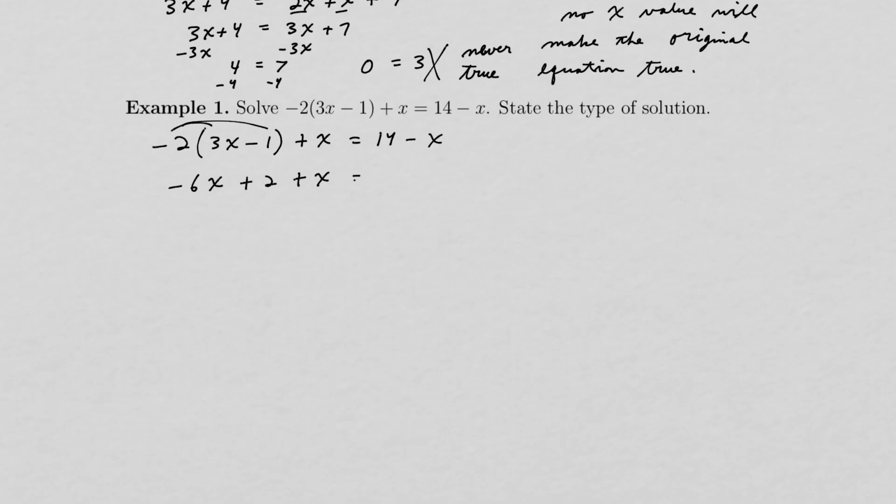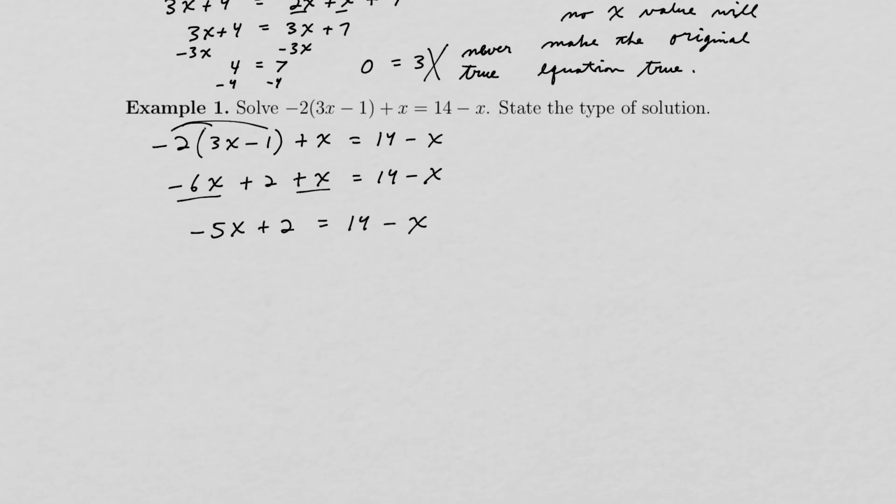I still have a plus x there, equals 14 minus x. Now we try to combine like terms, right? So are there any like terms on the left-hand side? Yeah, I have -6x plus 1x. If I combine those, -6 plus 1 is -5. This is -5x plus 2 is equal to 14 minus x.